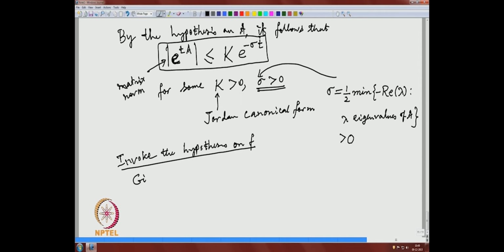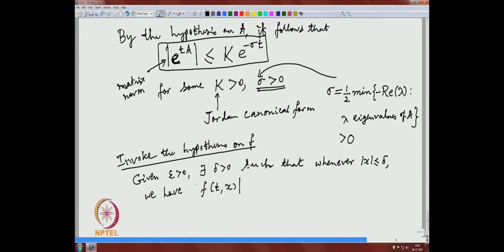Given epsilon positive, there exists delta positive such that whenever mod x is less than or equal to delta, we have norm of f of t, x is less than or equal to epsilon by K times mod x, uniformly in t. The K is there for technical reasons, as I am already using it.